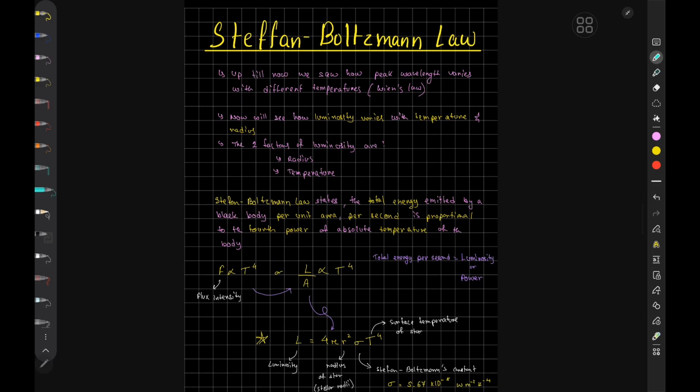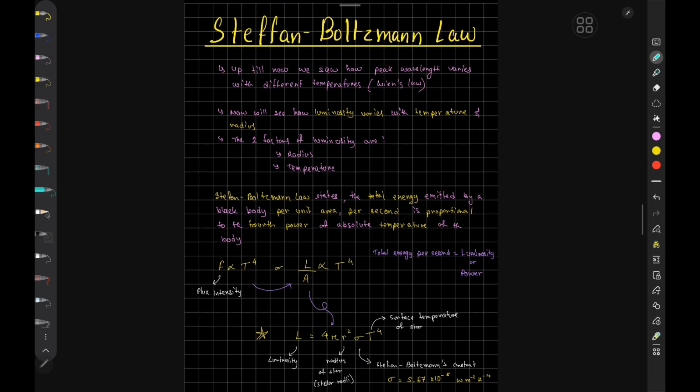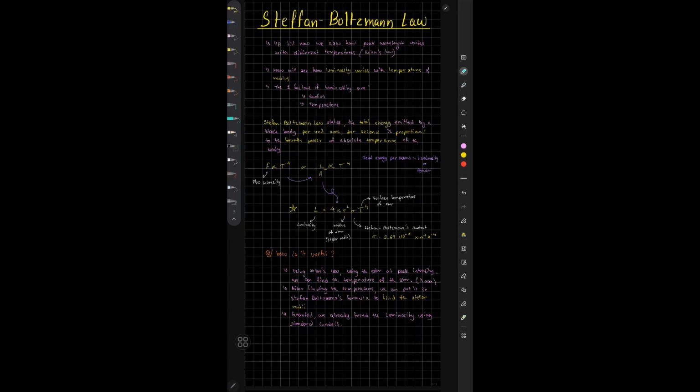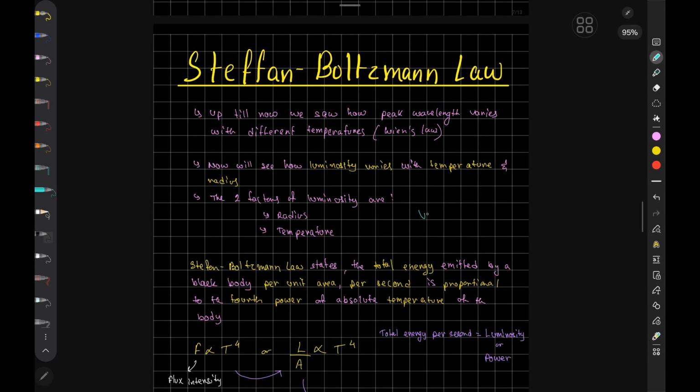The next thing that we're going to be talking about is the Stefan-Boltzmann Law. It's basically a more sophisticated law with more variables, with more information to deal with. So till now we worked with luminosity, when talking about standard candles and all that, and flux intensity.